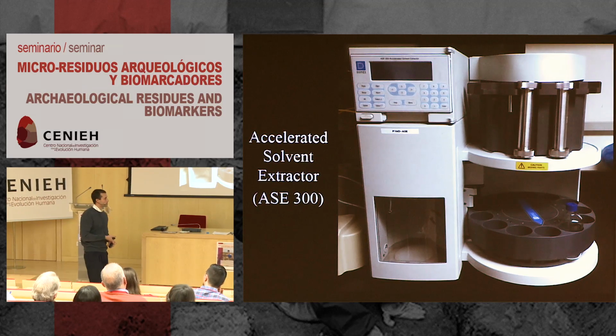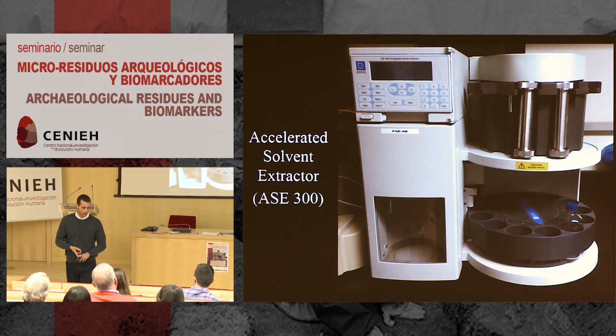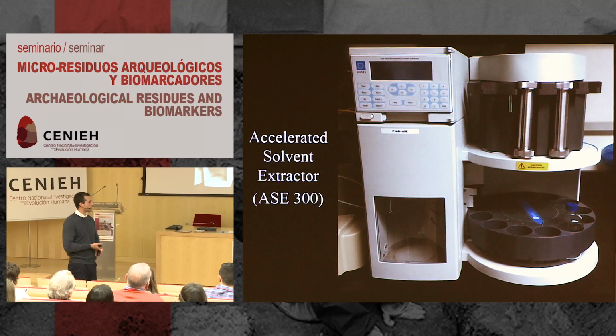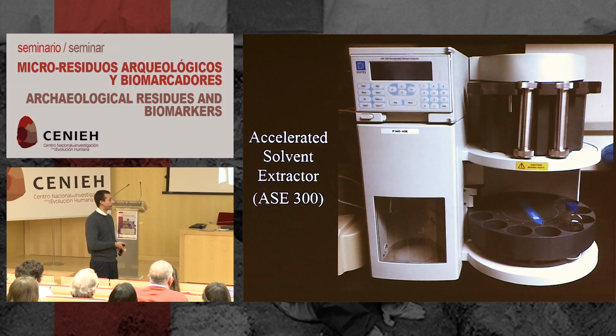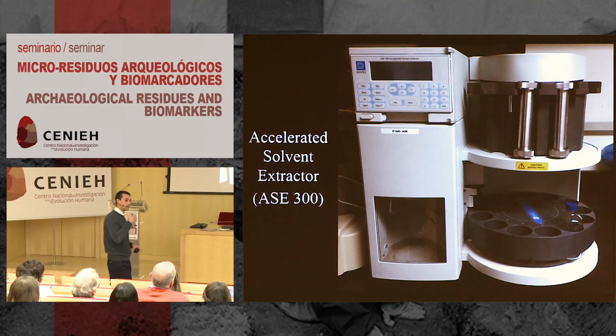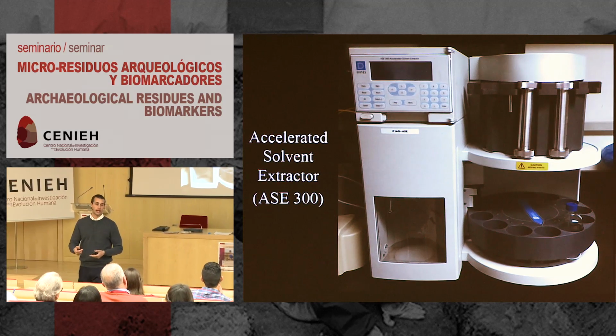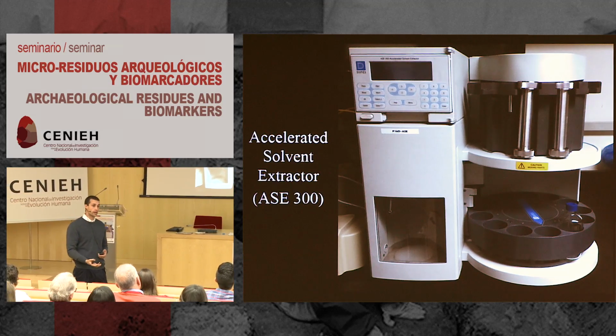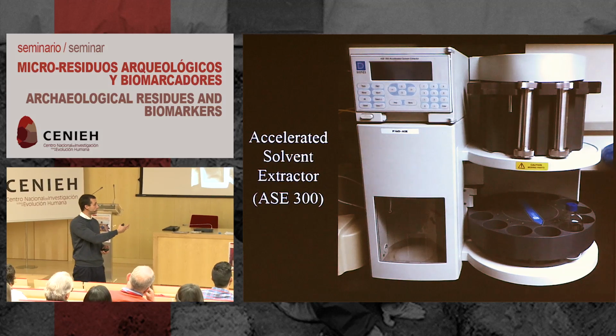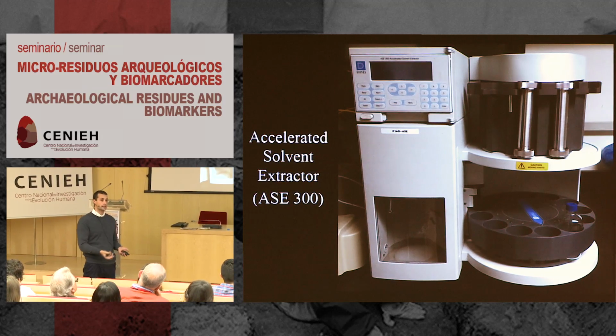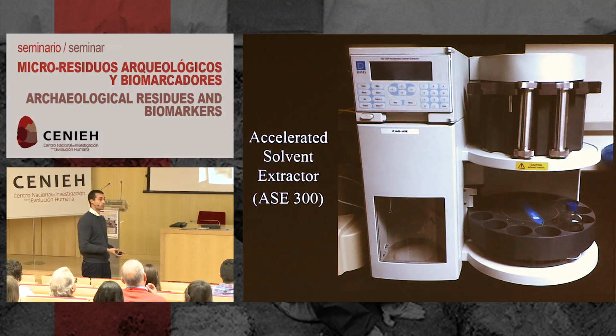The accelerated solvent extractor like this is one that we have at our university. It's a little bit older model, but it still works great. And it's designed to automate compound extraction. So there are many techniques where you can do this manually, and it might take 24 to 48 hours to do. Using one of these instruments, it takes a half hour typically to run one sample.